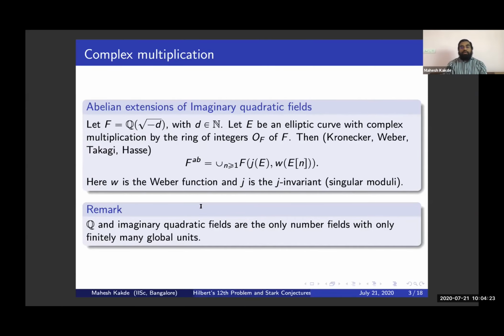Another example of this sort is again a theorem from the 19th century.